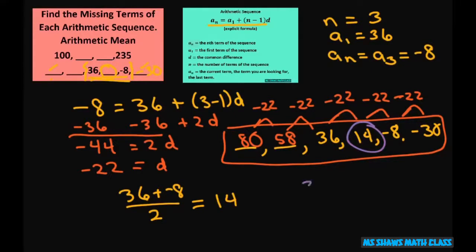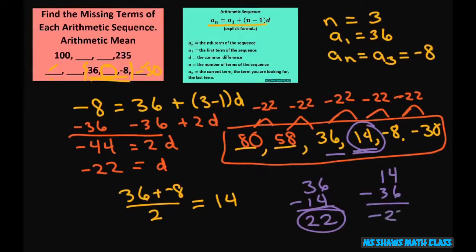And then just take 36 minus 14 to get your 22. And you know it's negative because you're going down. Basically, you should have probably done it this way. Just take your 14 minus your 36, get negative 22, and you could have gotten your common difference that way. And that's it.